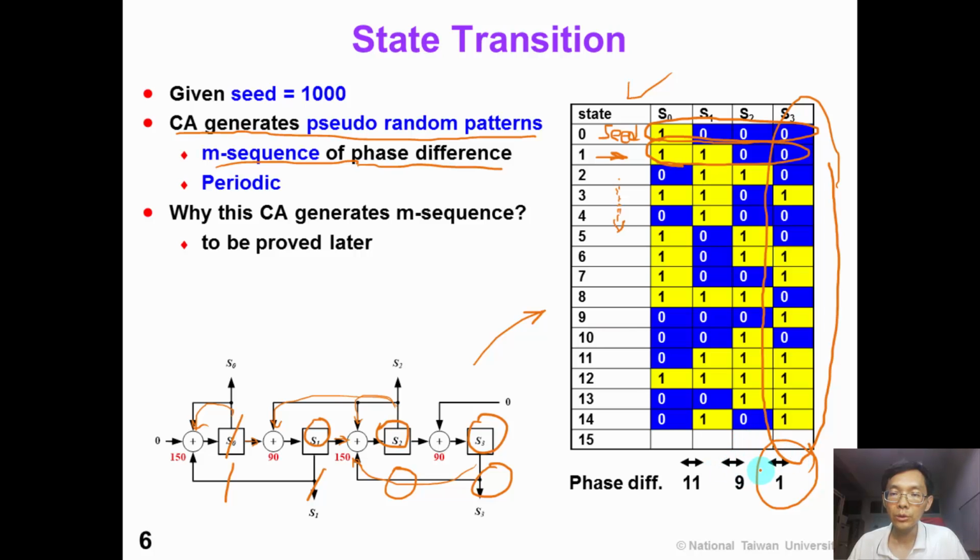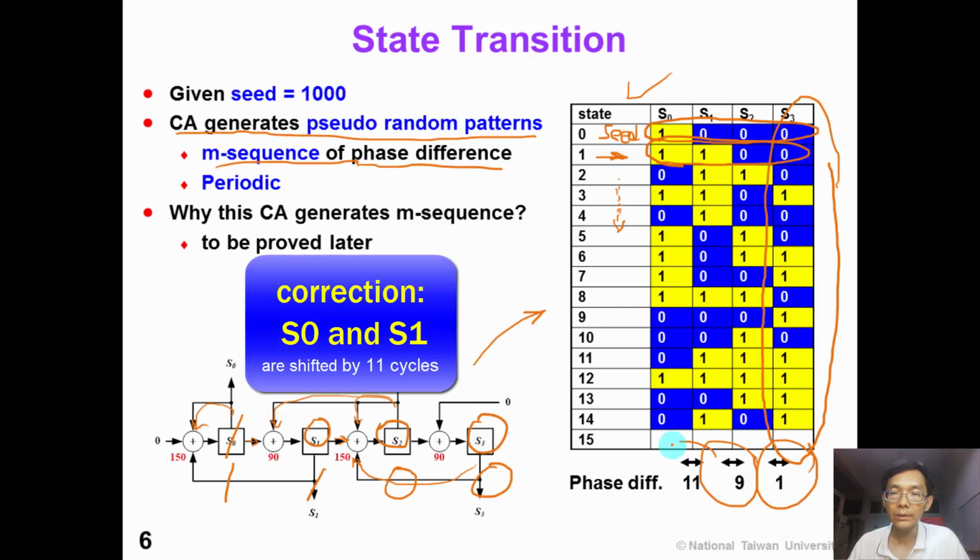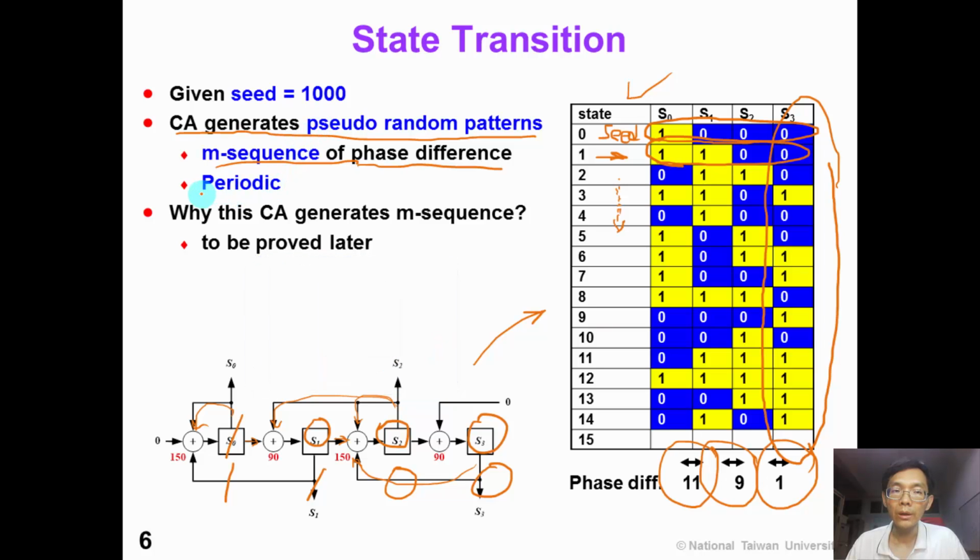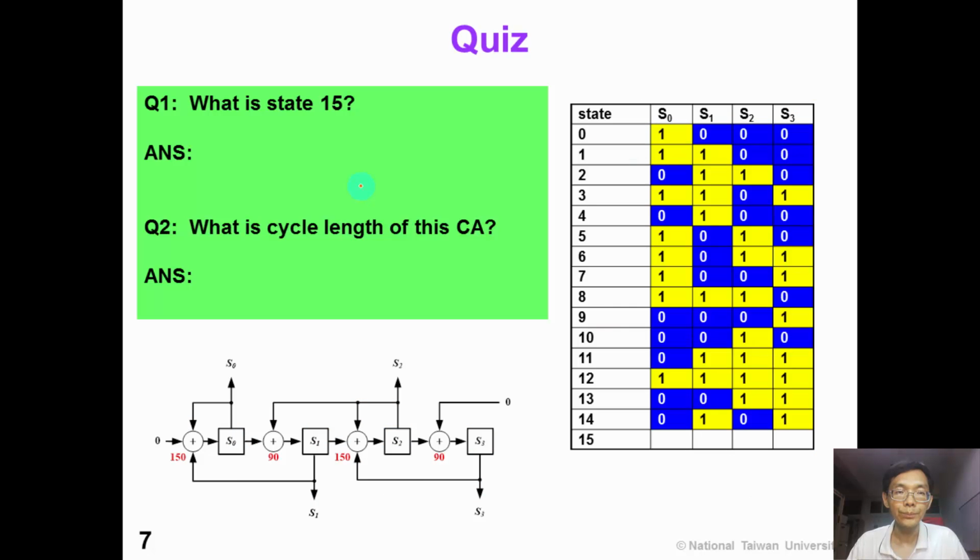S1 and S2 are shifted by 9 cycles, and S0 and S1 are shifted by 11 cycles. Similar to LFSR, the M sequence is also periodic. Why does this cellular automata generate M sequence? This will be shown later.